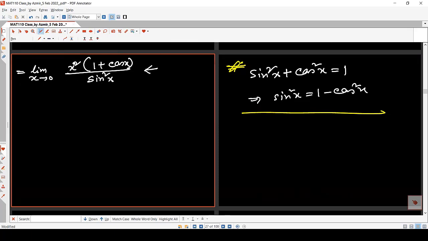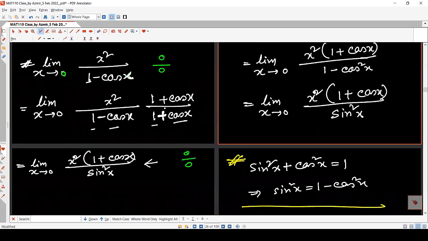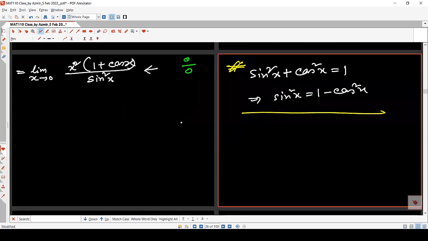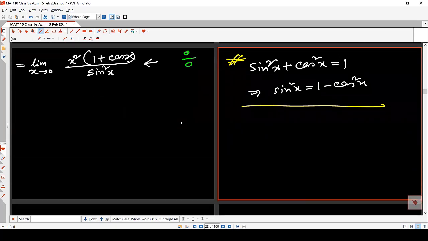But if we input 0, it still gives us 0 times something divided by 0. It is 0 over 0 again. We can't leave 0 by 0, so simplification will be continued. After multiplication of 1 plus cosine x, both in numerator and denominator, we still have 0 by 0.